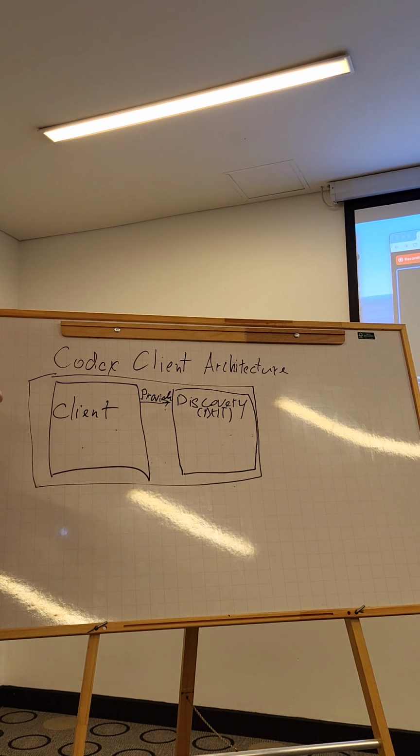So when a node is looking up chunks on the DHT, it finds the closest node to that hash, but then it doesn't get the chunk from that node. What it gets is a list of provider records, and those provider records are the nodes that will potentially hold this chunk for you. So this is how we're using the DHT.